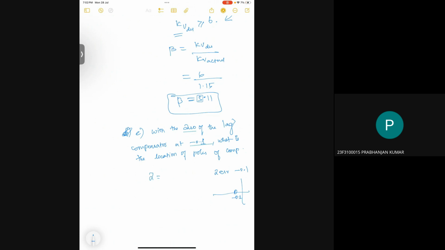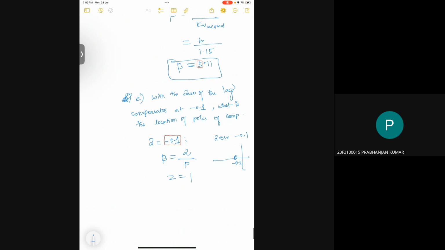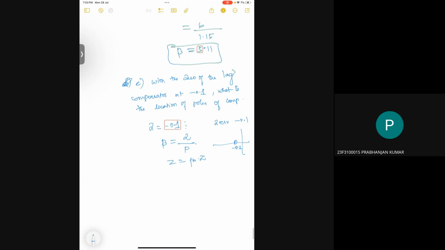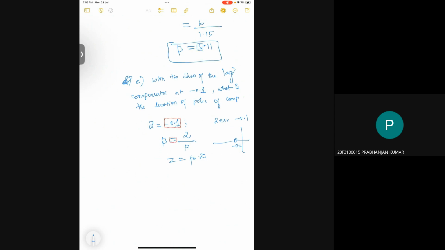So Z is equal to minus 0.1. So we know the ratios again can be in terms of poles and zeros. Beta will be the zero divided by the pole, so it is the ratio of this. We know the beta value, so just right away substituting it.